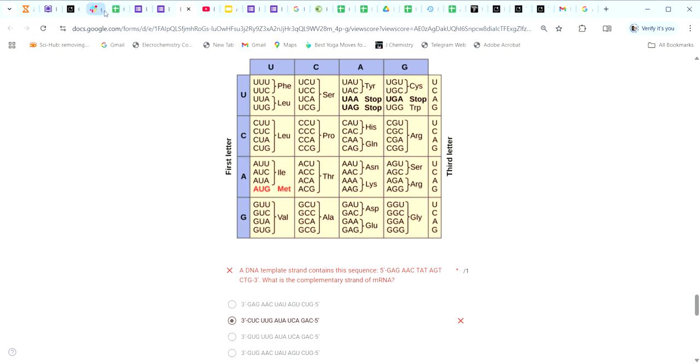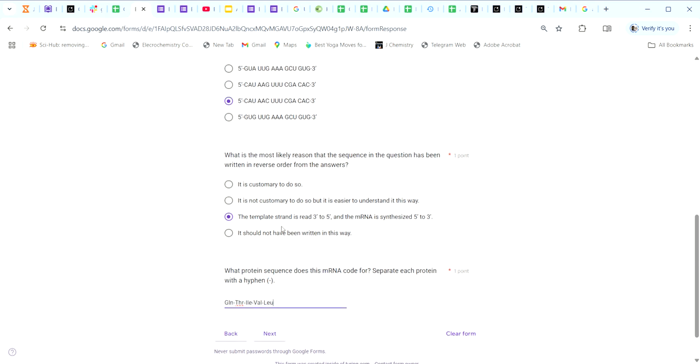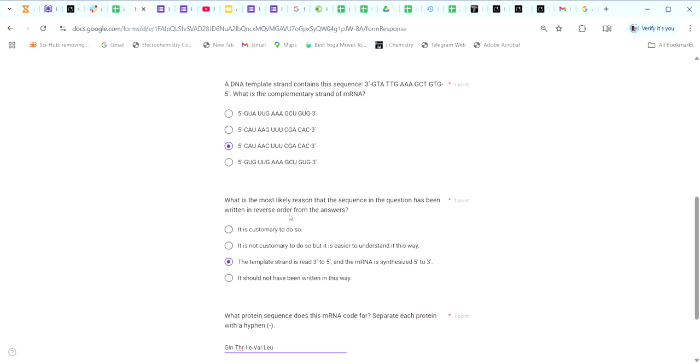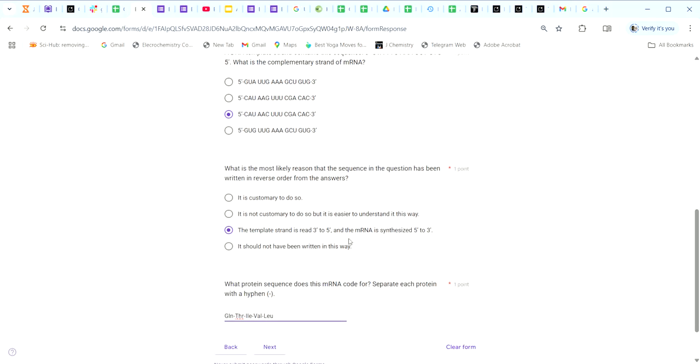Let's find the possible protein sequence. That will be CAU, CAU, CAU, CAU, HIS, histidine.